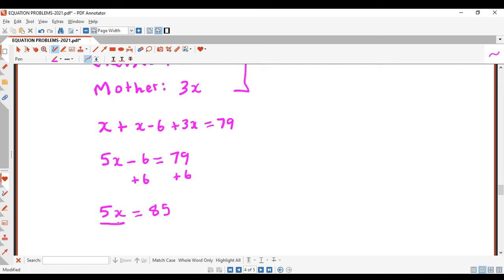And then divide both sides by 5. Cancel. And then work out 85 divided by 5. 5 into 8 goes 1, and then 17. So Justin's age is 17.